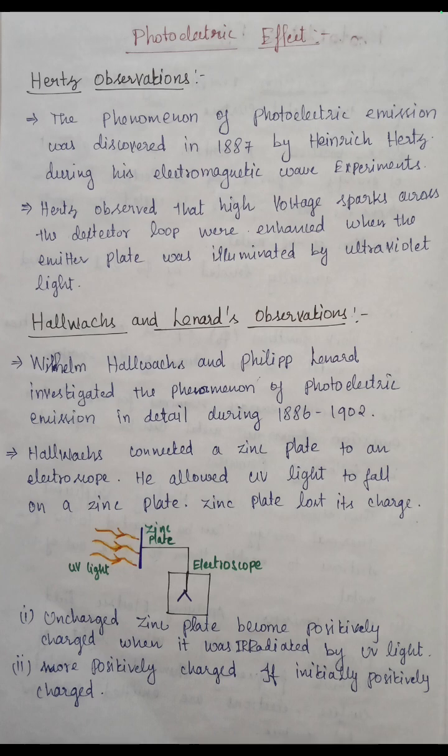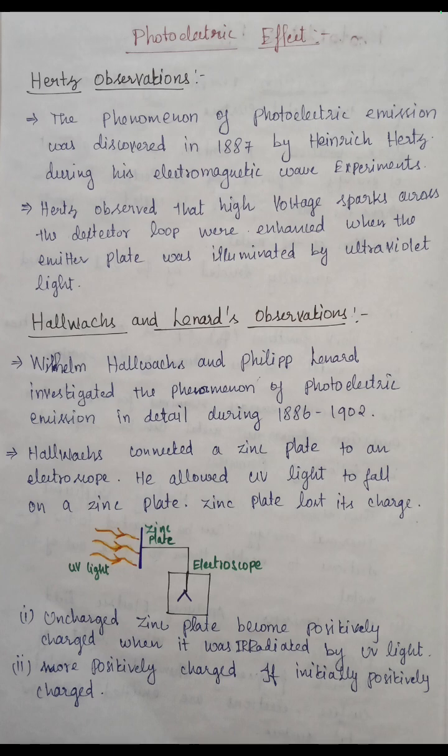Hallwachs connected a zinc plate to an electroscope, and he allowed the UV light to fall on the zinc plate. He observed that the zinc plate lost its charge after the falling of the UV light. He also observed that the uncharged zinc plate becomes positively charged after falling of the UV light, and if the zinc plate is positively charged initially, it becomes more positively charged.